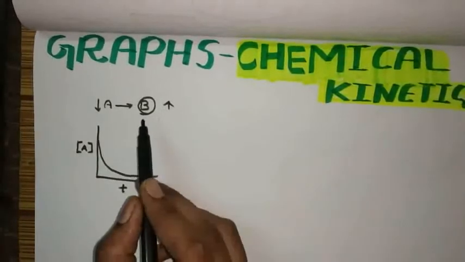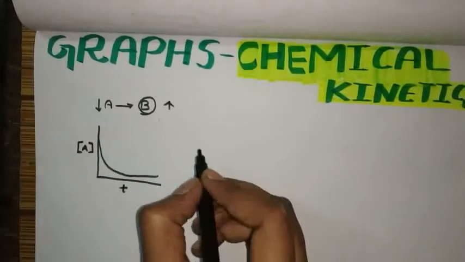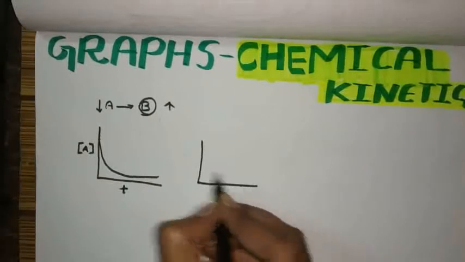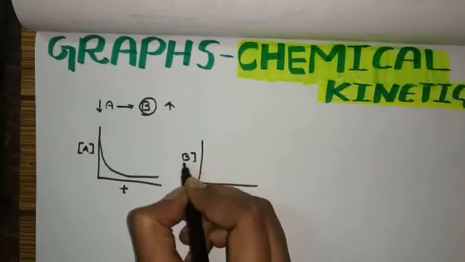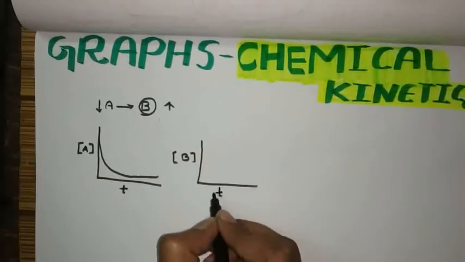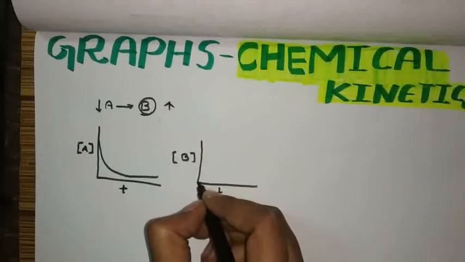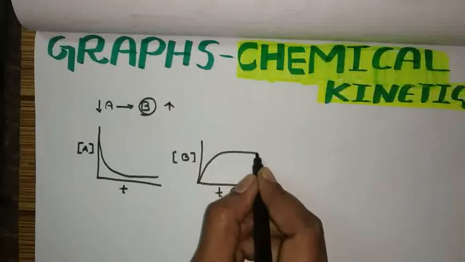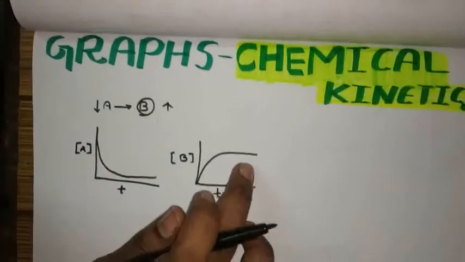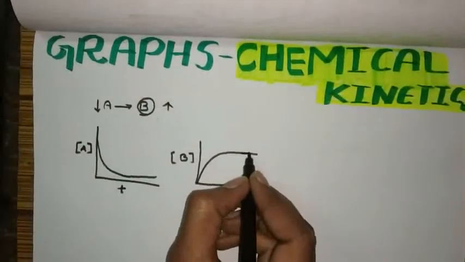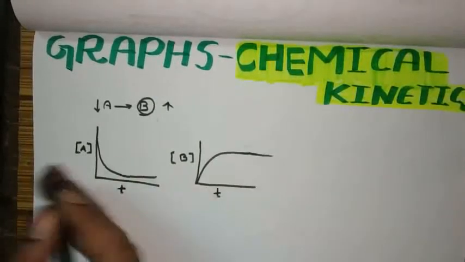Now coming to product, what happens? This is the concentration of product with respect to time. The concentration of product will increase, but it will be at equilibrium. See, from this point it is the same. It means it is equilibrium.